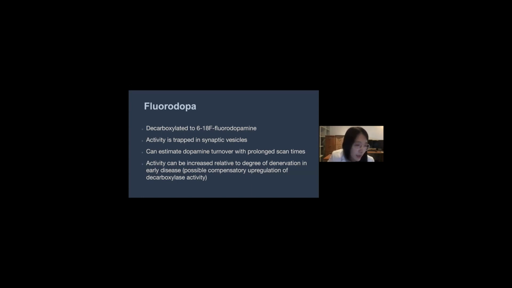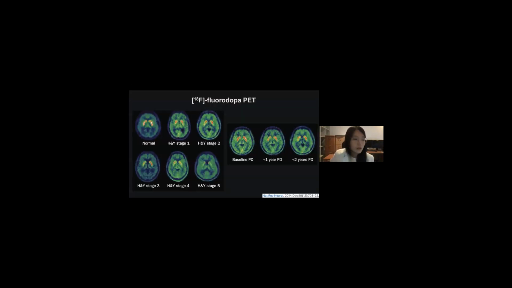It can estimate dopamine turnover with prolonged scan time. Activity can be increased relative to the degree of denervation in early disease, possibly due to compensatory upregulation of decarboxylase activity. This is an example of a fluorodopa PET. Fluorodopa uptake will reflect the clinical severity as well as disease progression.